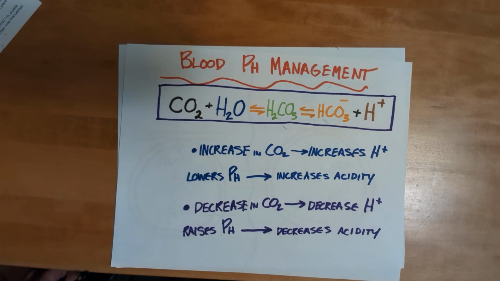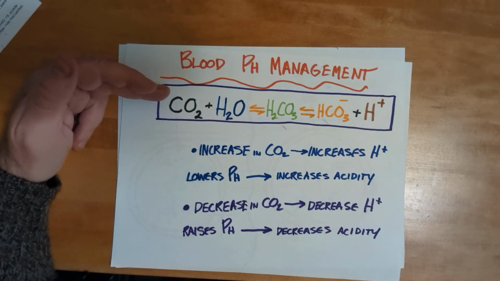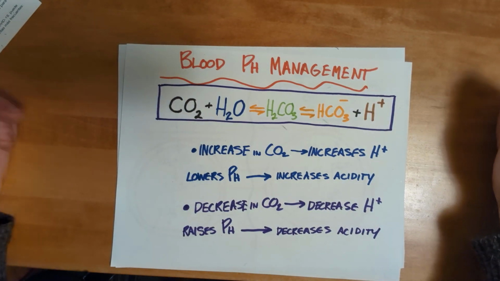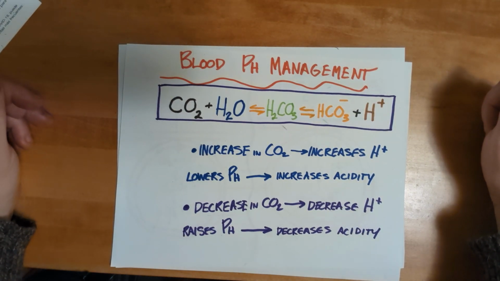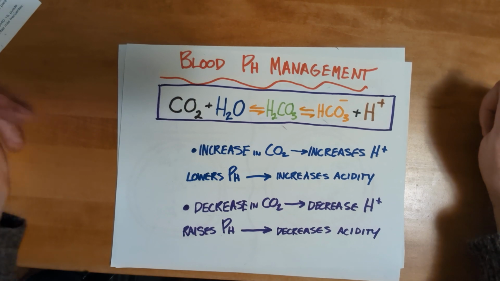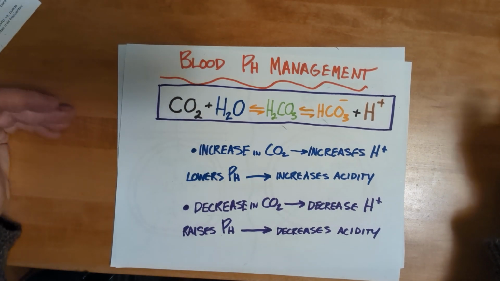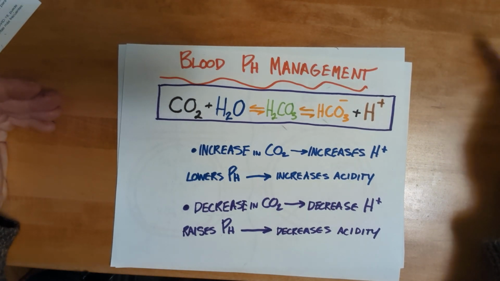this is like an equilibrium in the blood. So if you increase one side, like an increase in CO2, then this other side has to increase as well. And in the blood, when there's excess CO2 from metabolism, it goes through this process and it ends up increasing hydrogen ions.